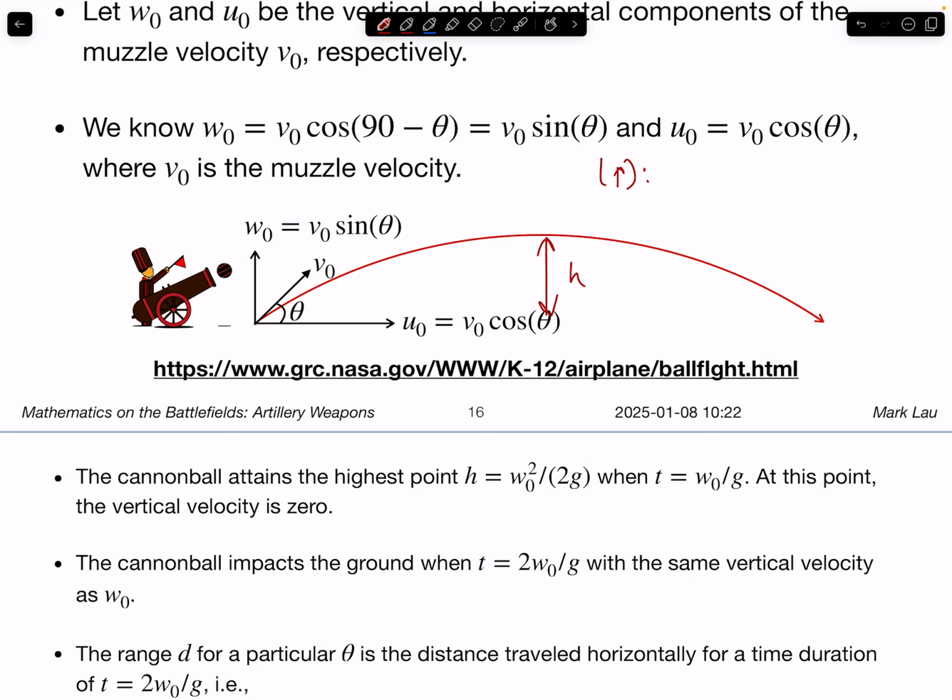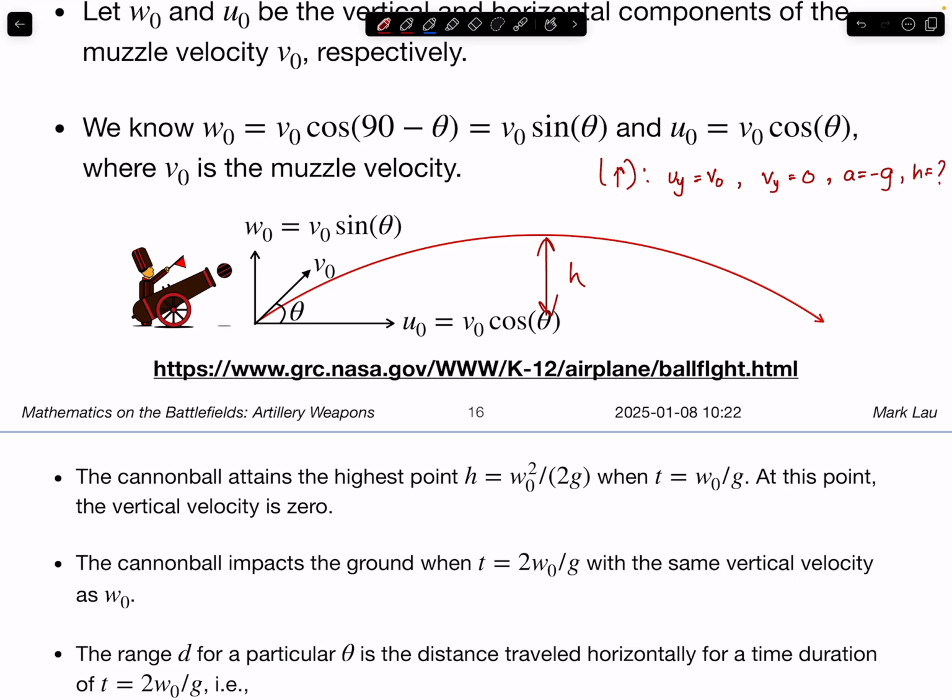The initial velocity is v naught, so uy is equal to v naught, and at the maximum height, the final velocity vy is equal to 0. This is a known fact because this is the turning point, and acceleration is minus g. We need to find h.